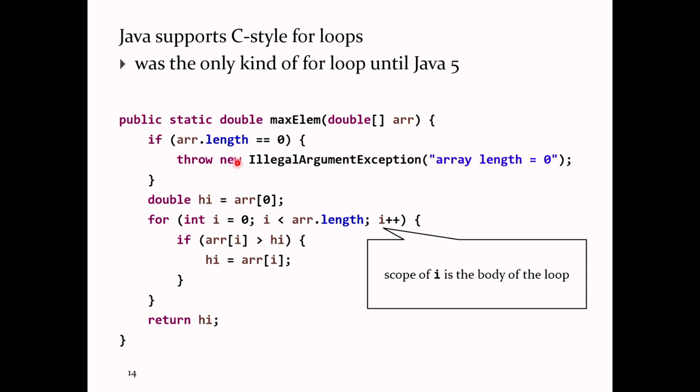When you create your IllegalArgumentException object, there's always a round bracket and a round bracket, so it looks like a function call. It's not a function call. It's calling something else that I'll tell you about later in the course. If you want to, you don't have to, but you can put in a message here to indicate something about the exception. So here I'm putting in the message "array length equals 0".